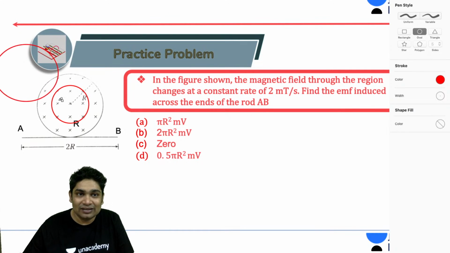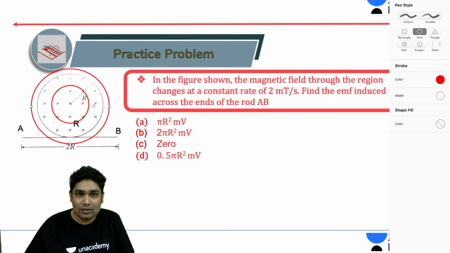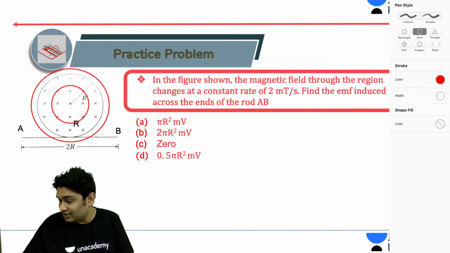Imagine bigger circles. Imagine this. What would happen if I joined this to the straight line?